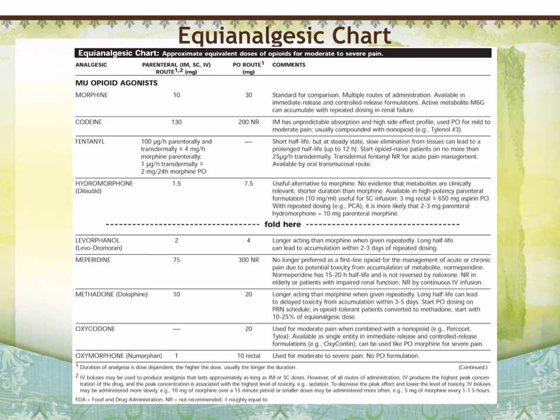What it's saying is, suppose a patient comes and says, you know what, my pain is not being handled with codeine which the doctor gave me, I want you to give me Dilaudid. That's where this chart is very important.